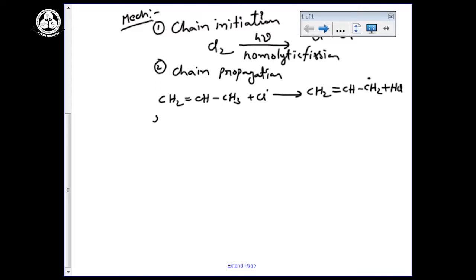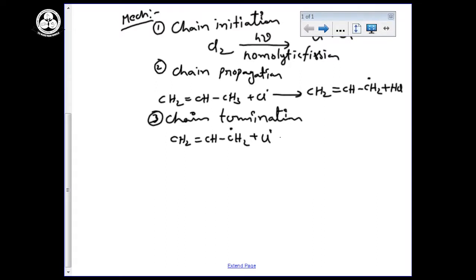Third step is chain termination. We take that free radical CH2=CH-CH2 dot with Cl dot and get CH2=CH-CH2Cl. This is our allylic substitution.